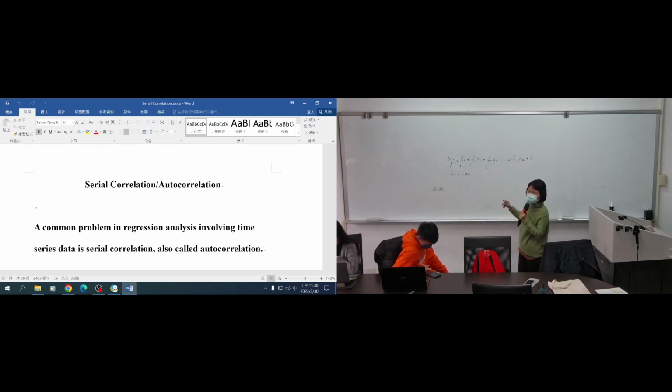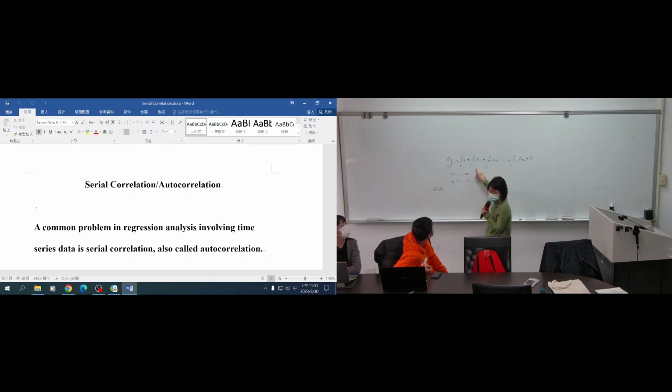But for time series data, if I put t instead of i, then it comes out as time series data. Time series data is really different from cross-sectional data. Cross-sectional data means the same year, but different i, meaning units, right?